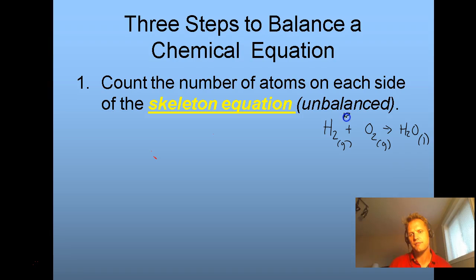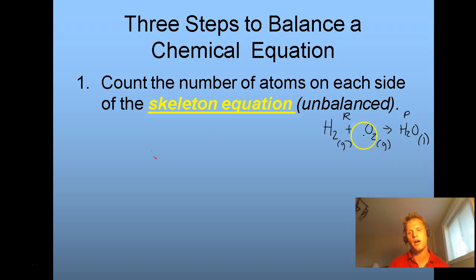Look at the left side of the arrow, which is my reactants, and the right side of the arrow, which is my products. You can see that I have 2 hydrogens on the reactant side, and on the other side of the arrow, I have 2 hydrogens as well. That matches up. That's not a problem. If you start with 2 hydrogens and you finish with 2 hydrogens, that's a good thing because you started and finished with the same.